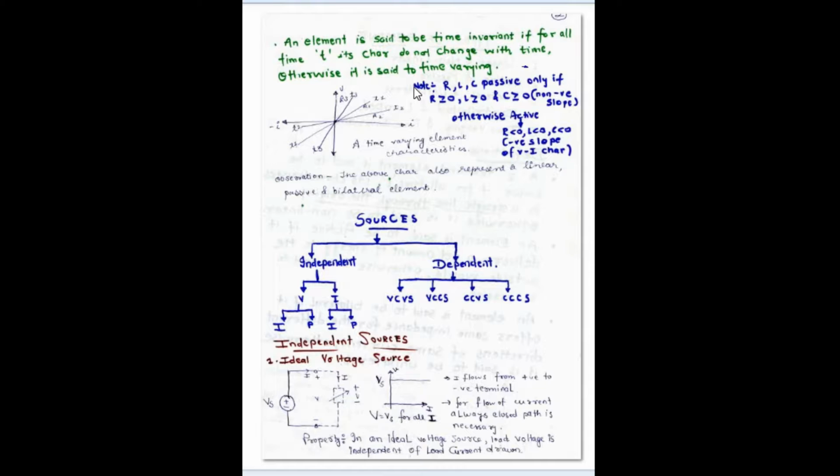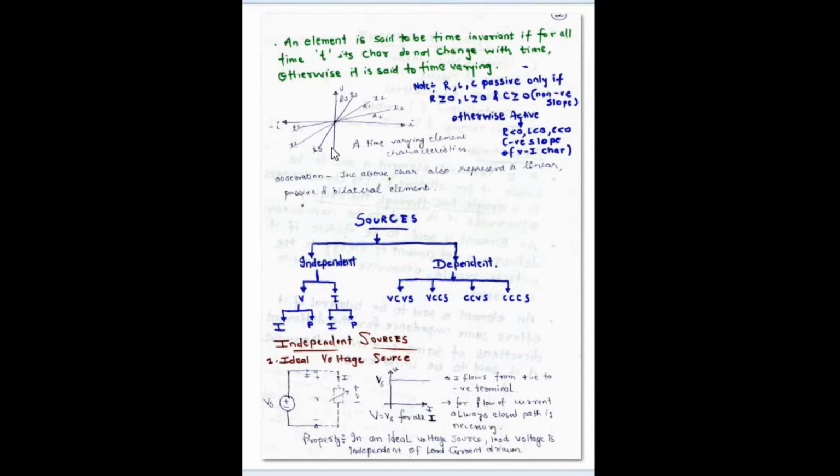For example, if we take AC or DC, in alternating current the magnitude of current or voltage is changing with respect to time, so that is called time varying. AC is time varying, while DC magnitude will be constant with respect to time, so DC is a time invariant quantity.